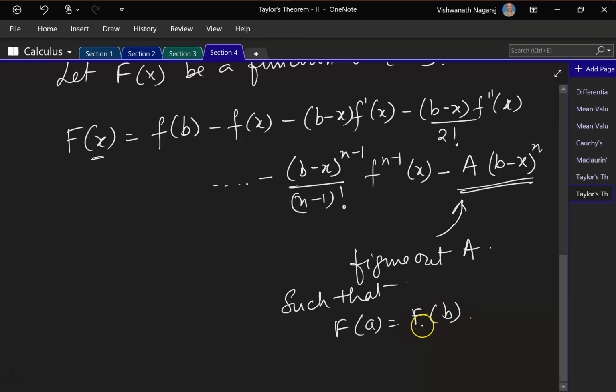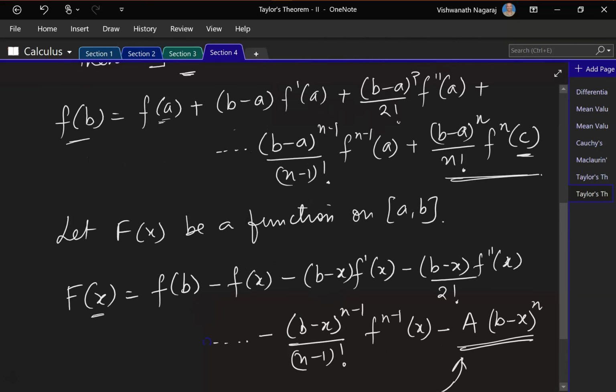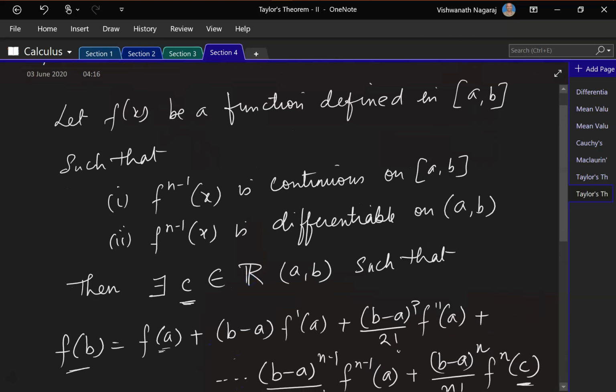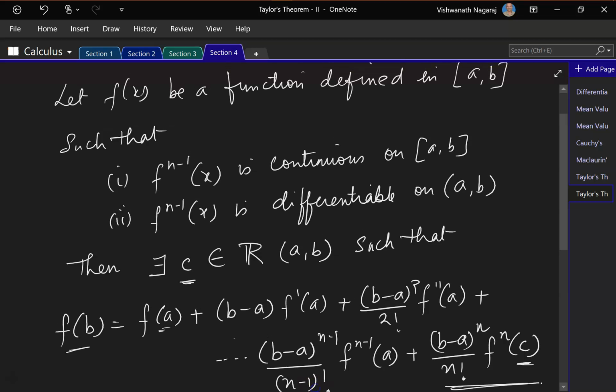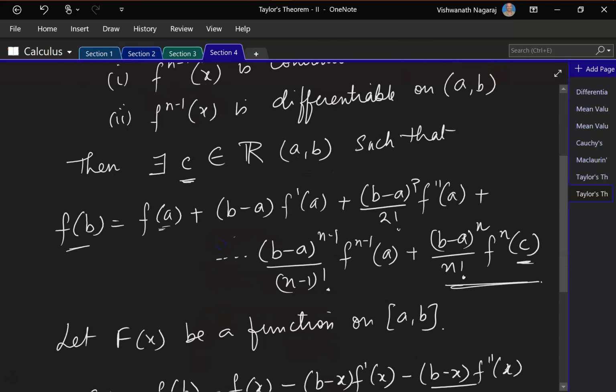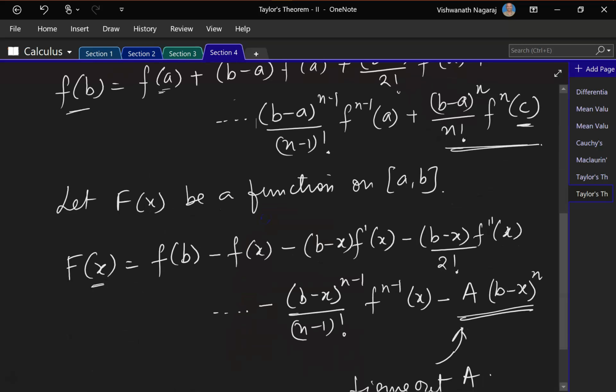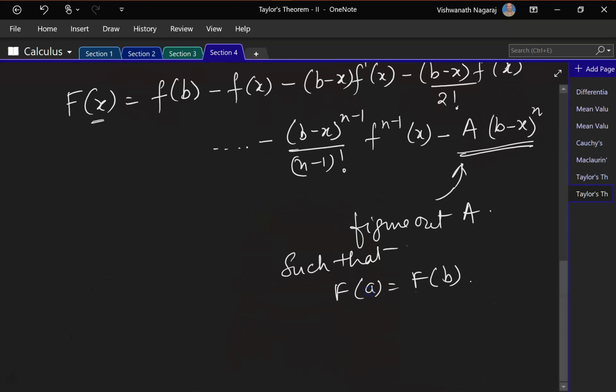Now why would I put that condition like that? Basically the idea is that here it is given that the terms are continuous till the n minus 1th derivative, and it is differentiable till the n minus 1th term. So that satisfies 2 of Rolle's theorem.